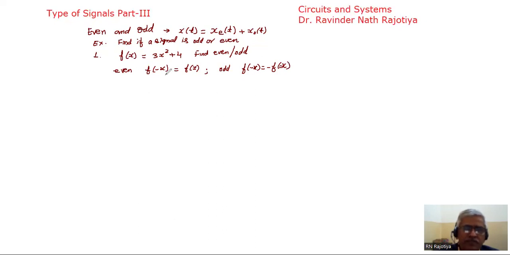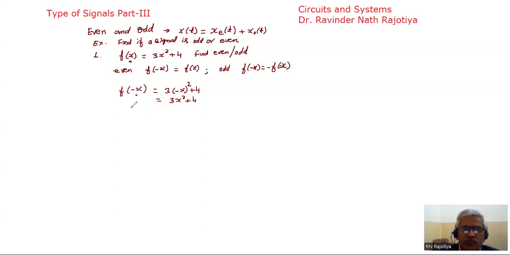Let us see by putting x equal to -x in the above signal and find what the outcome is. If you put -x into the right-hand side of the signal, you will get 3(-x)^2 + 4, which is nothing but the same, 3x^2 + 4.